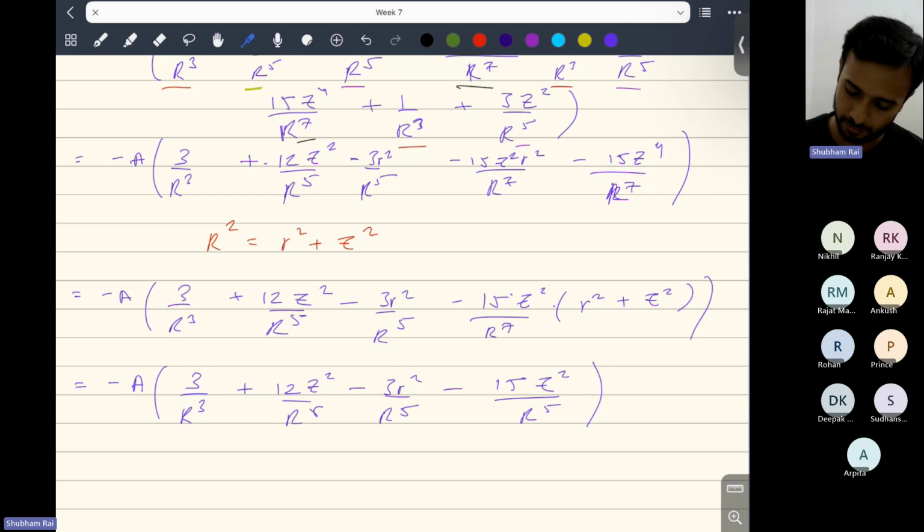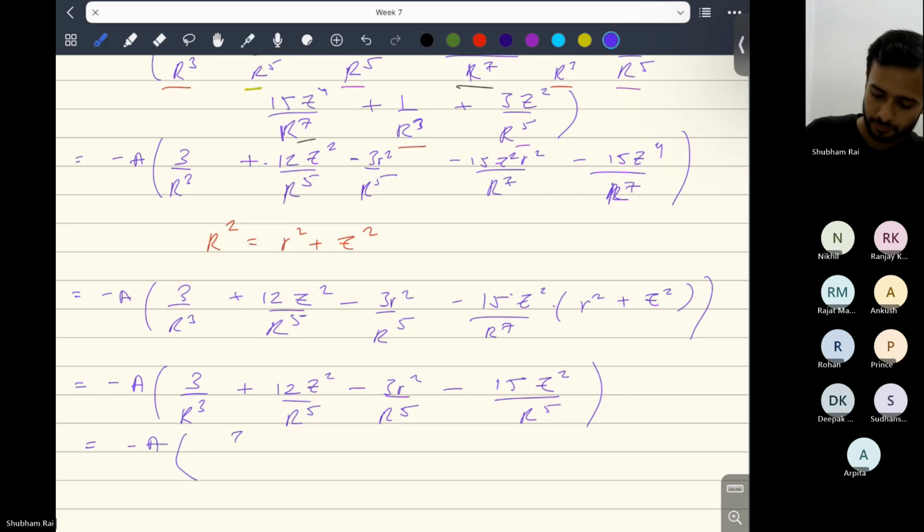So this 12 z square by R⁵ minus 15 z square by R⁵, you get minus 3 z square by R⁵. And then you can take minus 3 as common. So here you have 3 over R cube and then minus 3r square over R⁵ and minus 3 z square over R⁵.